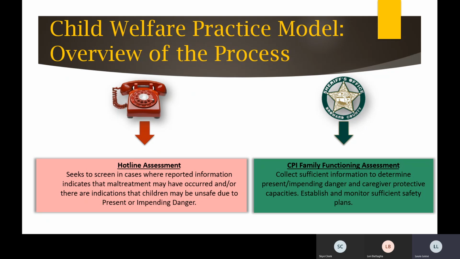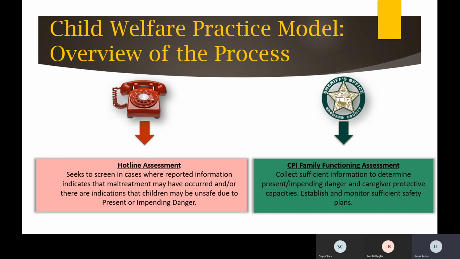When they screen the call in, that call then gets transferred over to the Child Protective Investigation. In Broward, the Child Protective Investigation is completed by the Broward Sheriff's Office. The Broward Sheriff's Office, or CPI located in a different area, reaches out to the family and they complete, as with many other assessments and indicators with the family, a family functioning assessment.